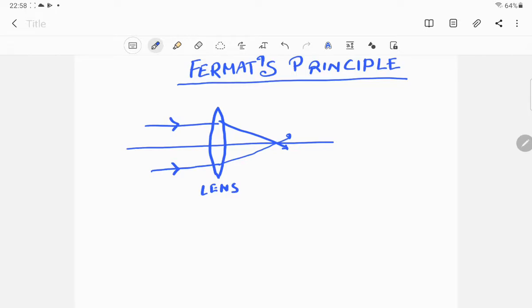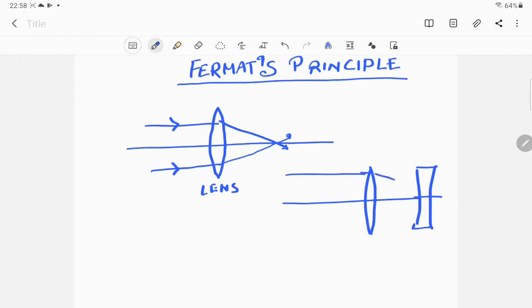Similarly, suppose you have a lens like this, and then another lens like this. A ray of light is coming like this, and then obviously it will converge, and this is a diverging lens. These are all part of geometrical optics.